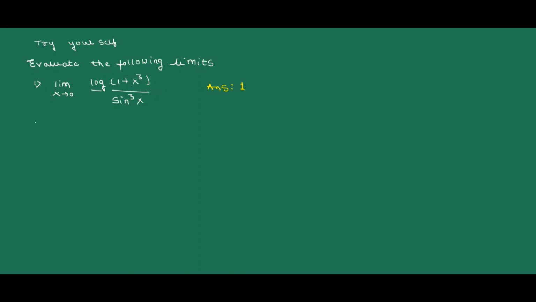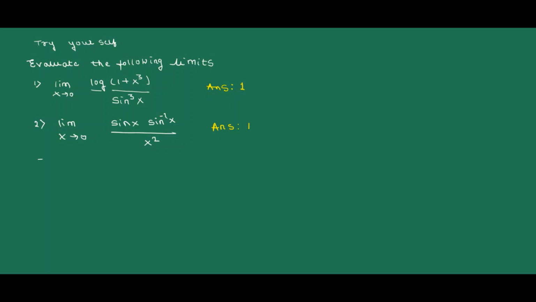Next, second example, limit x tends to 0 of sin x into sin inverse x divided by x square. Its answer is 1.